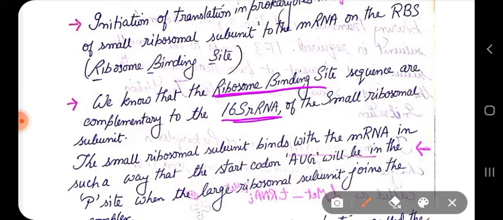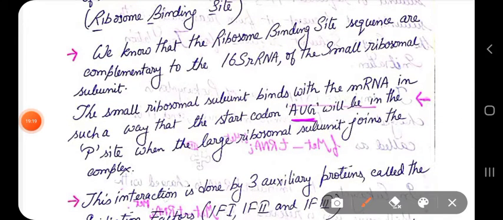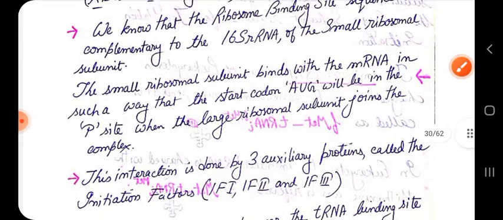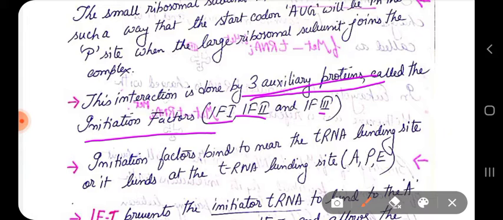After this interaction the ribosome is placed on the mRNA in such a way that the start codon AUG is located in the P site of the ribosome, because the initiator tRNA will bind to the P site by recognizing this start codon, and this interaction will be helped by three auxiliary proteins known as the initiation factors, IF1, IF2, and IF3, right?